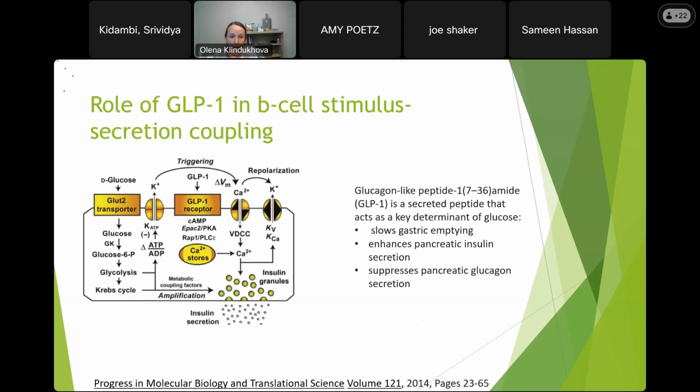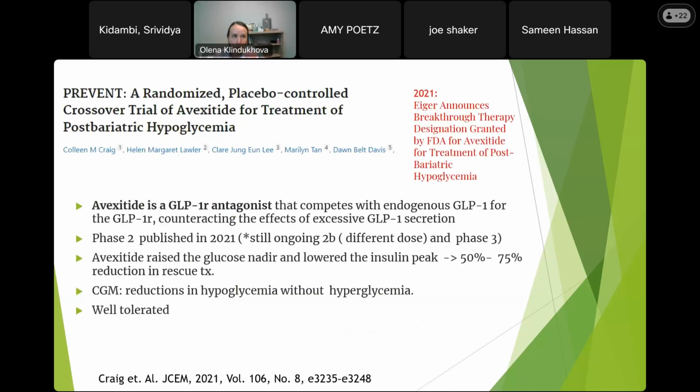Therefore, the use of a GLP receptor antagonist would physiologically make the most sense for treatment of hypoglycemia. The medication avexitide is a GLP-1 receptor antagonist that was first reported and technically FDA approved for post-bariatric hypoglycemia in 2021.